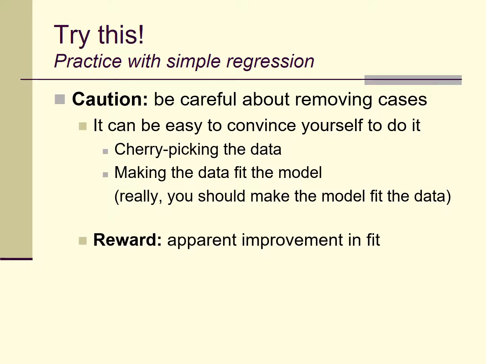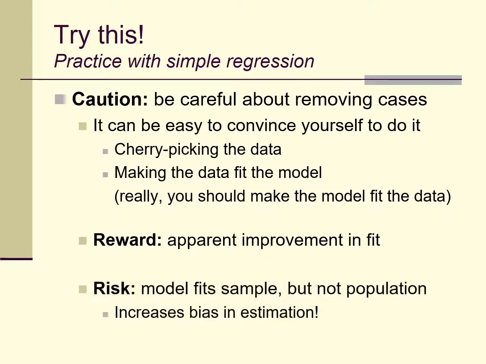The reward of cherry picking, at least the temporary, short-term reward, is apparent improvement in fit. You can say, wow, by getting rid of those two cases, our model now explains 44% of the variance in the outcome variable. That's great, we're awesome data analysts. But the risk is the model now fits the sample really well, but maybe doesn't fit the population really well. By cherry picking, you've created an artificial, hyper-selected sample for which the model really fits.